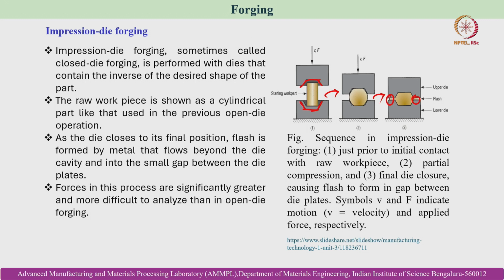As we know, we typically do these forgings in hot forging condition. So there are some scales and oxide surfaces generated over the workpiece undergoing the forging process.